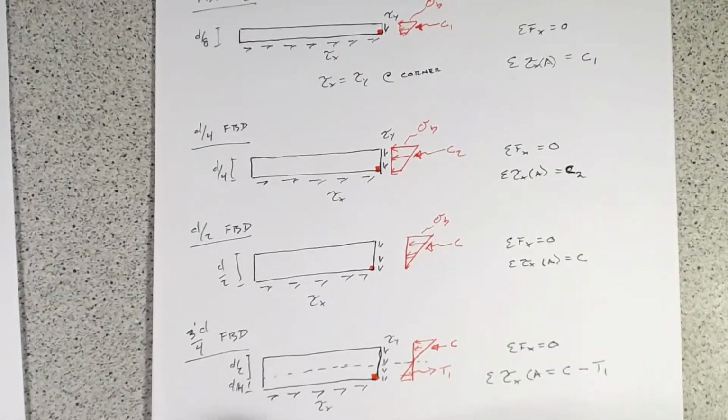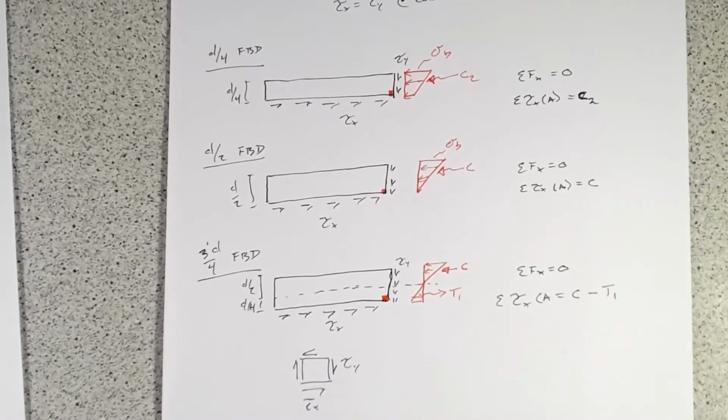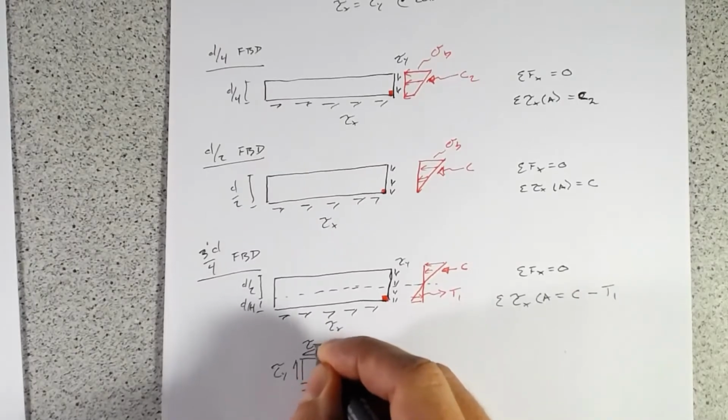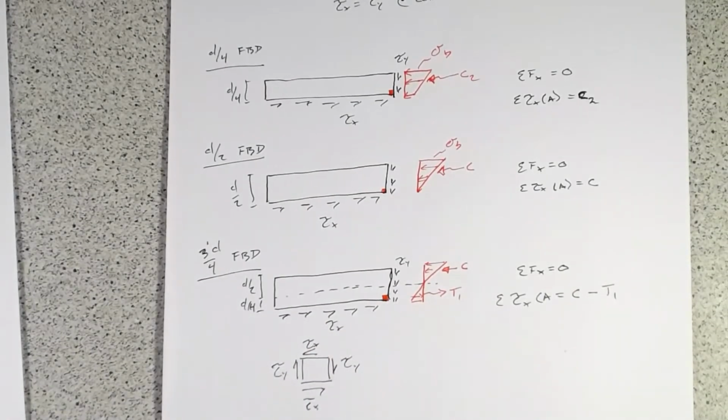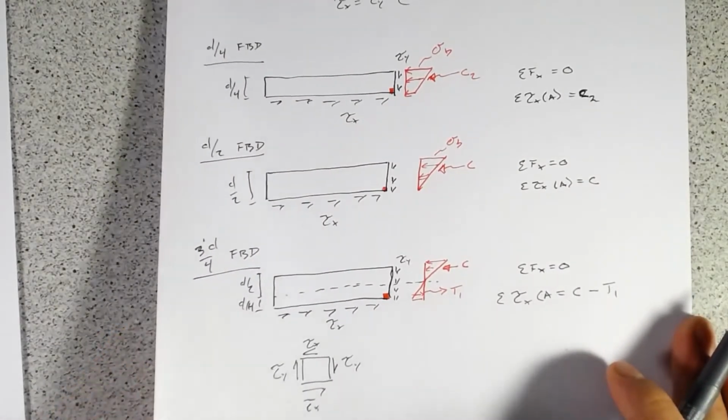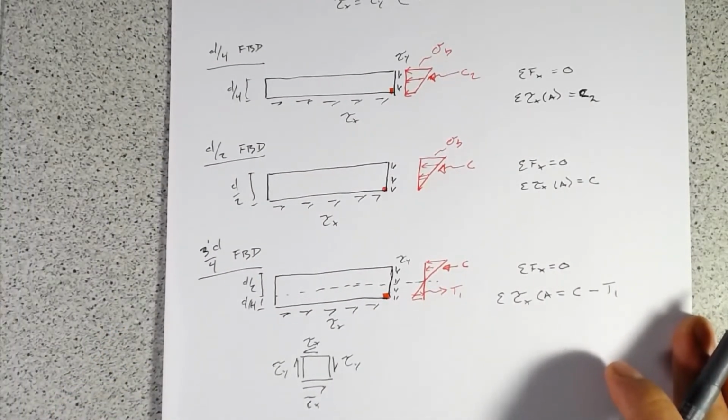So you need to have tau x and tau y all equal to keep that little block from rotating. Tau y, tau x.